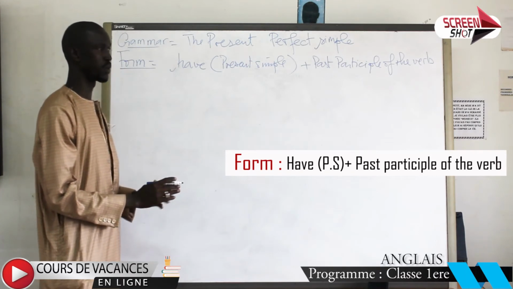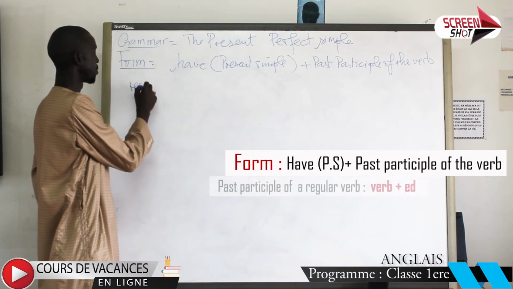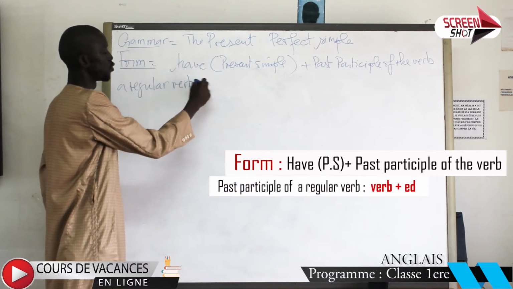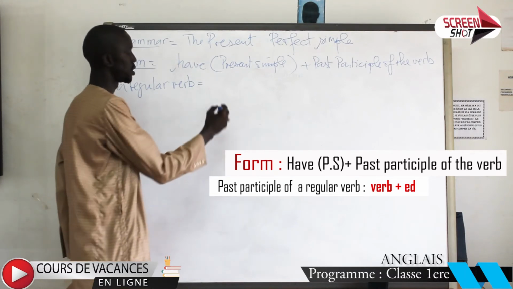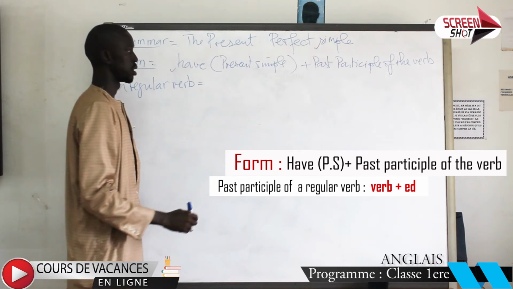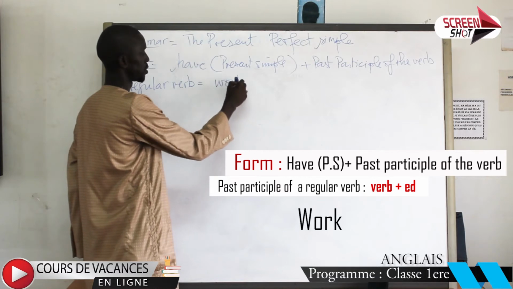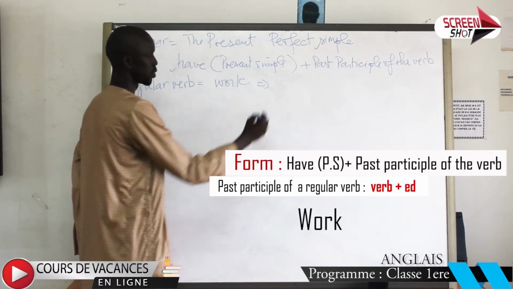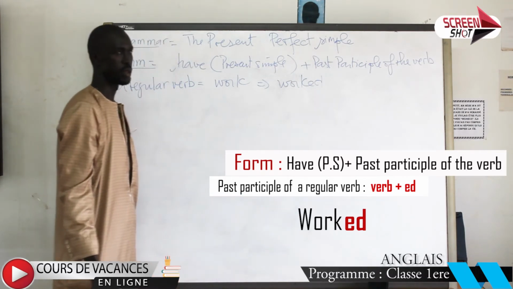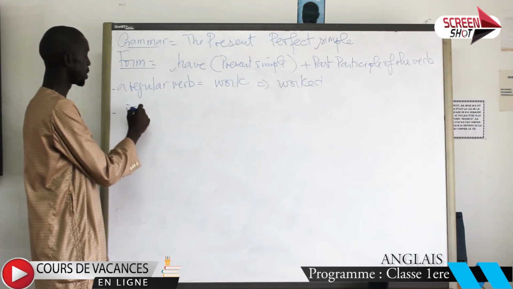So here there are two ways. If we have what we call a regular verb, to form the past participle, we only have to add ed to the verb. For example, if we take the verb to work, to have the past participle, we say worked. We add ed. But there are some other verbs that are irregular.